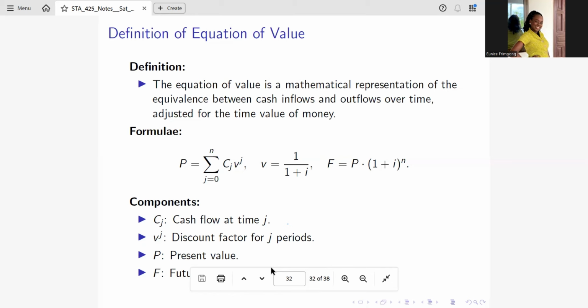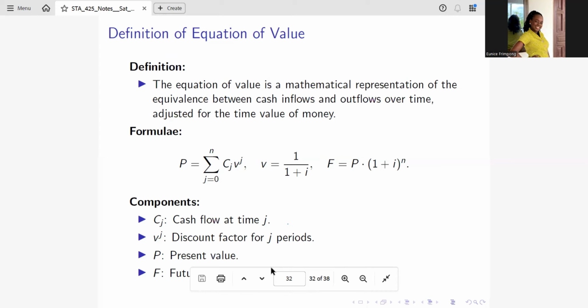P is the present value, F is the future value. Generally, the present value is equal to all the cash flows over the period multiplied by their own discount factors. And that will give us what we want.